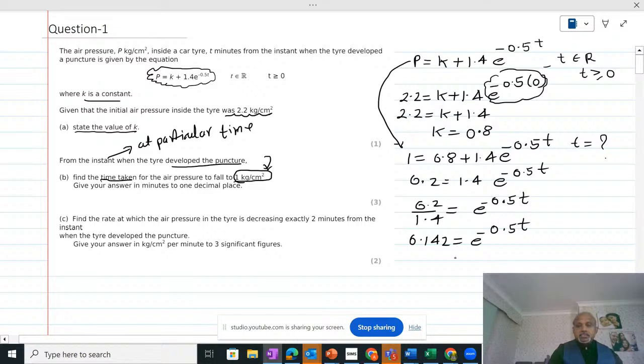Then minus 0.5 t equals log base e, so we write ln of 0.142. Is that okay? Here we have used the formula: a to the power b equals c, so b is log base a of c, and log base e we write as ln. From here we can simplify: t equals ln 0.142 divided by minus 0.5, and once you simplify, your calculator will give you 3.90 minutes.